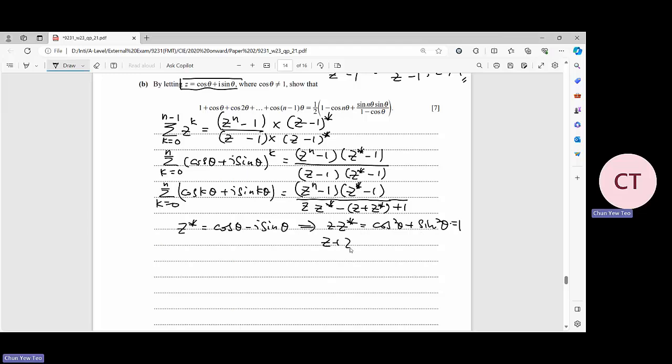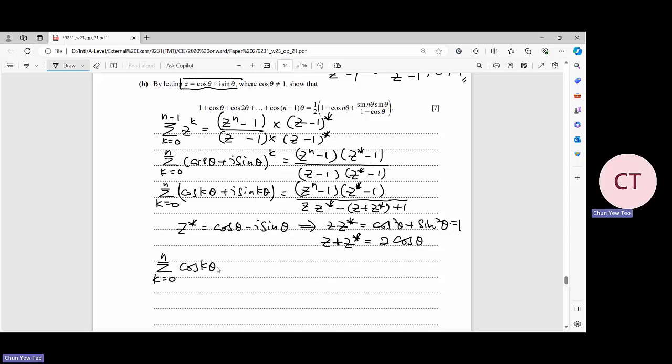Then z plus z conjugate will give you 2 cos theta. So with this, after we declare this result, we can continue with the series over here.